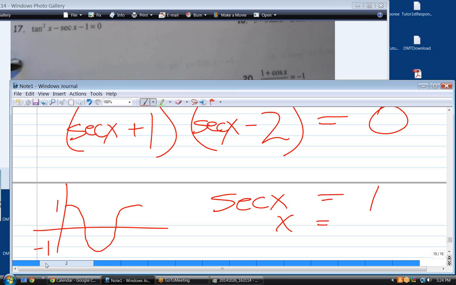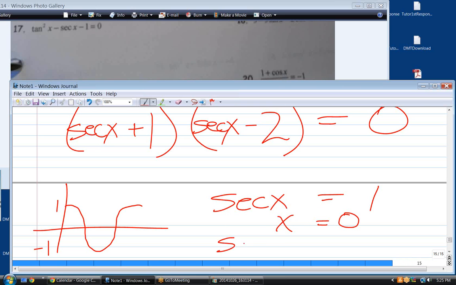Where is it equal to 1? Cosine is equal to 1 at 0. Only at 0. No other place there.